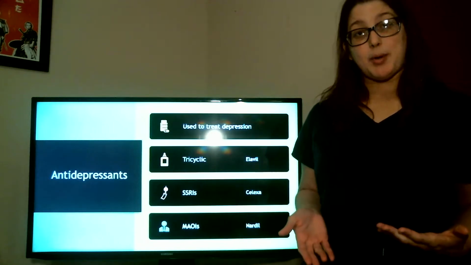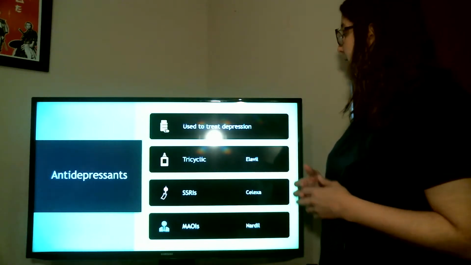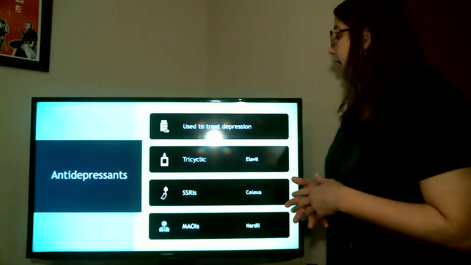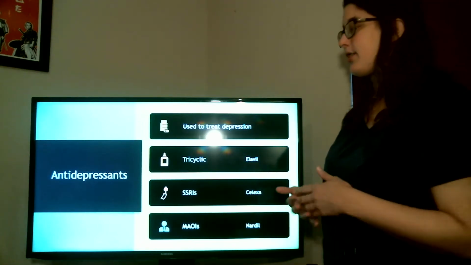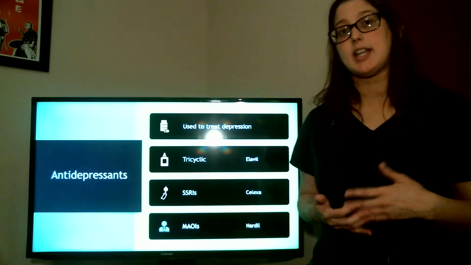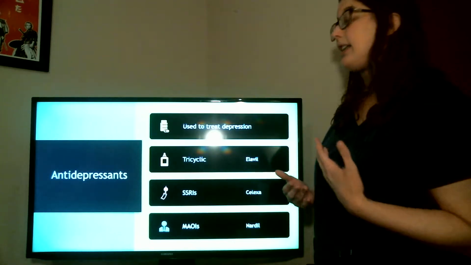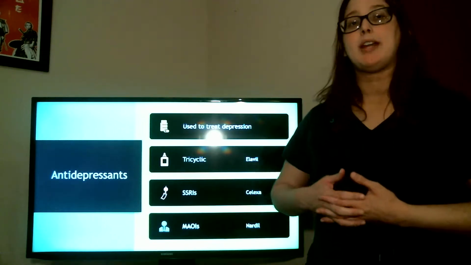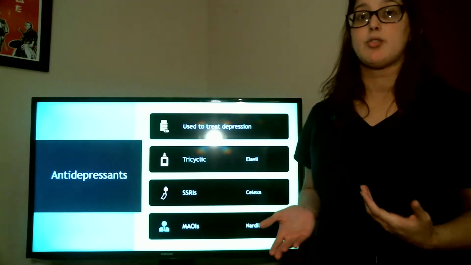Antidepressants are used to treat depression. We've got our tricyclic antidepressants, which include Elavil. Our SSRIs are selective serotonin reuptake inhibitors, and that includes Celexa and Lexapro, drugs of that sort. MAOIs are monoamine oxidase inhibitors, and that one includes Nardil.